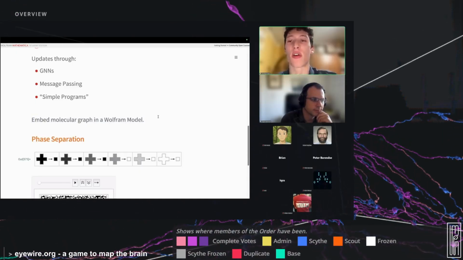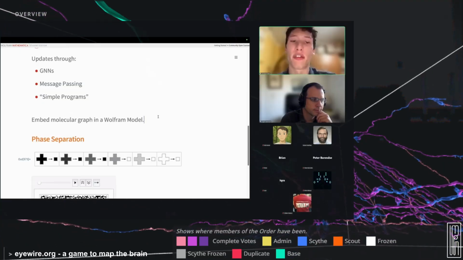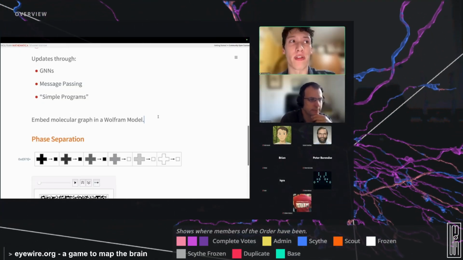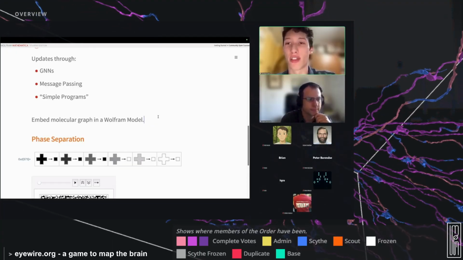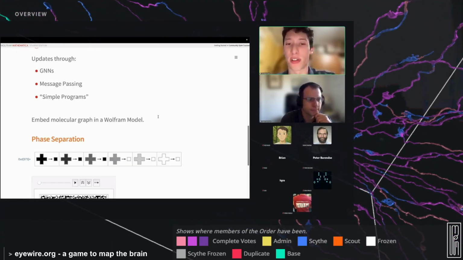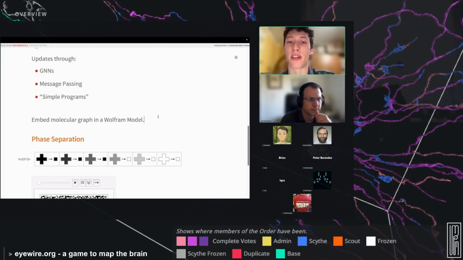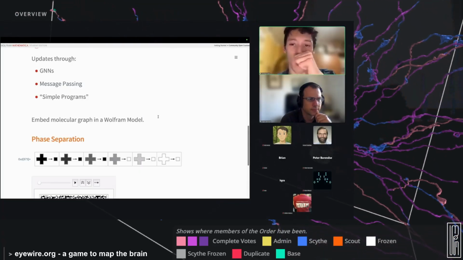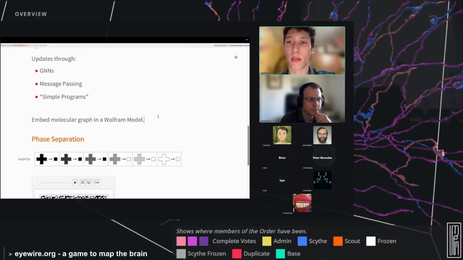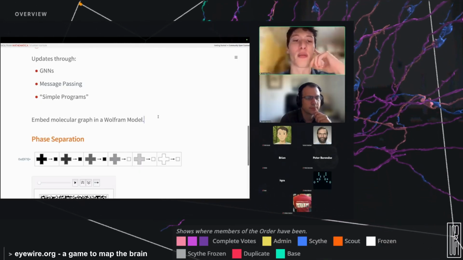So you embed it in a kind of regular graph. The molecular graph itself is constant; it doesn't change. The covalent bonds are assumed to stay the same, and the graph that defines the space around it can move and so on.